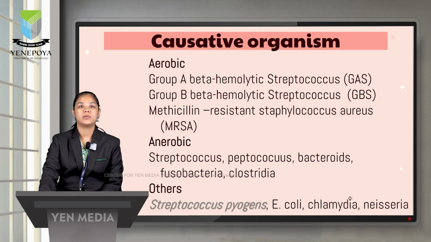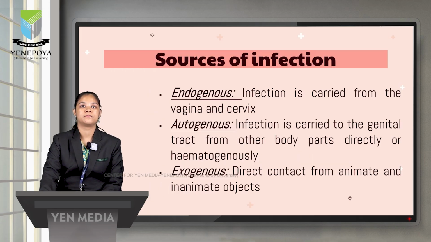In the anaerobic group: streptococcus, peptococcus, bacteroides, fusobacteria and clostridia. In others: Streptococcus pyogenes, E. coli, chlamydia and neisseria. Among these, Streptococcus pyogenes is one of the common microorganisms which cause puerperal sepsis.